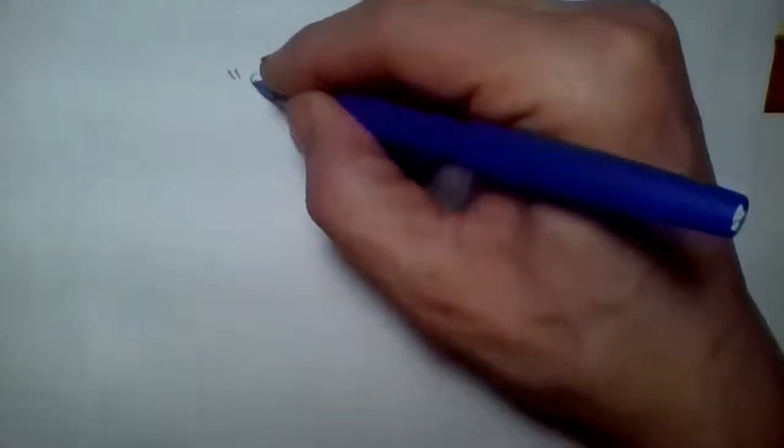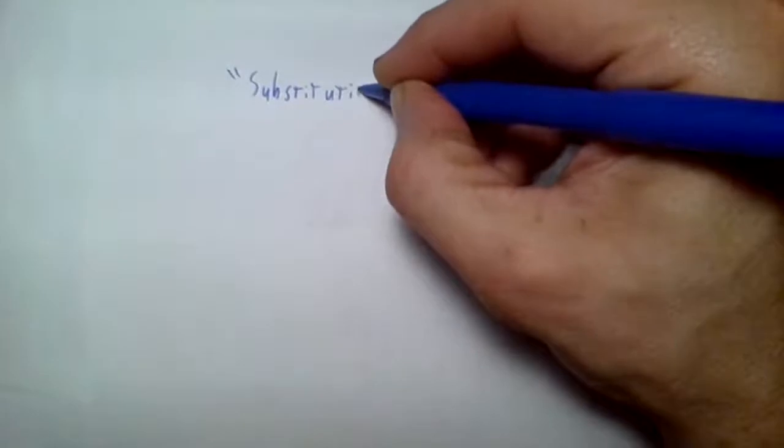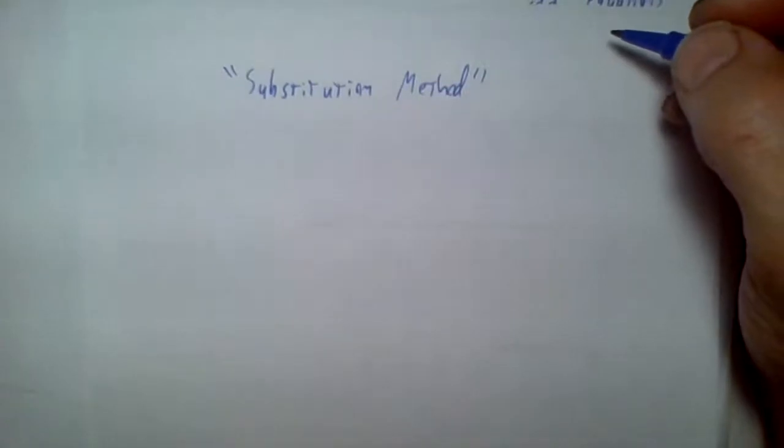So here's another method that also works nicely on these things that will extend better to the nonlinear systems. We get a second method called the substitution method. It's pretty useful whenever you're dealing with more than one variable.